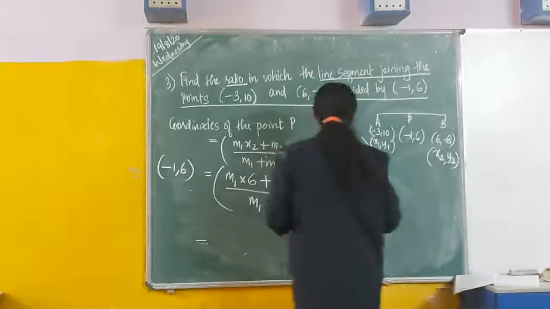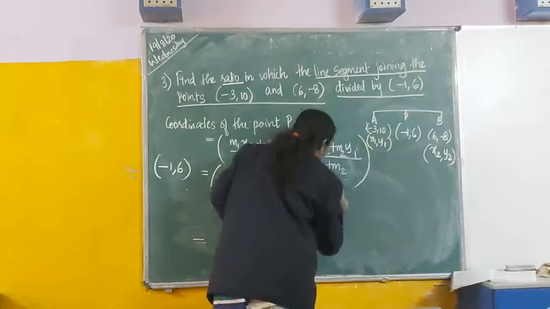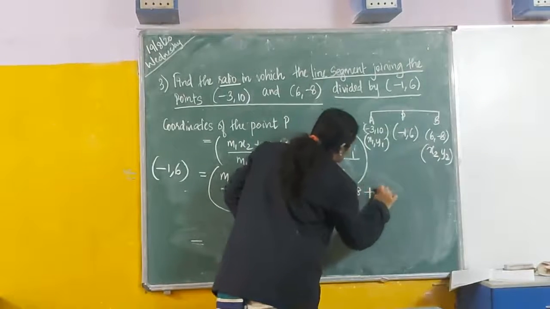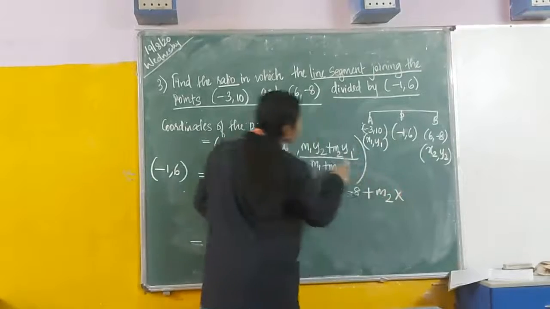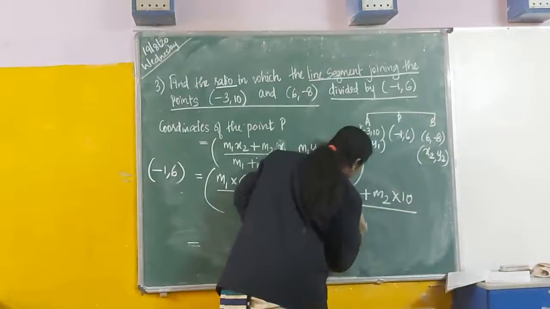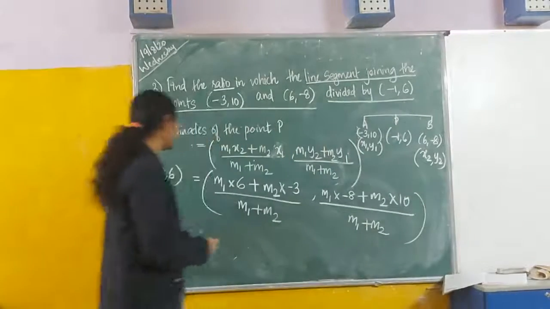See the y coordinate, m1 y2, that is m1 into minus 8 plus m2 into y1, 10, divided by m1 plus m2. Now simplify this formula.